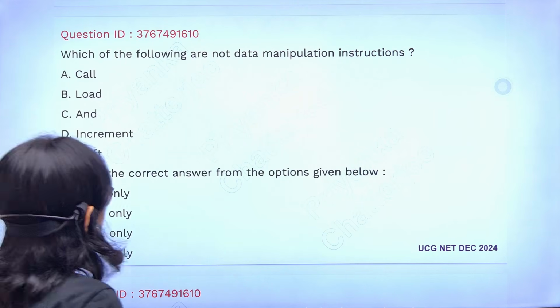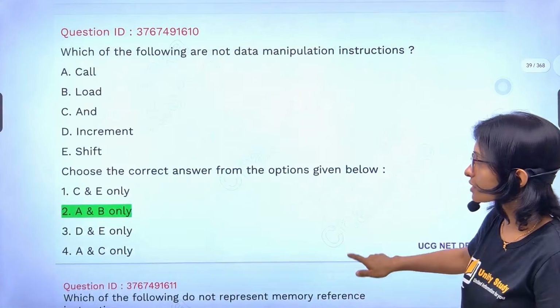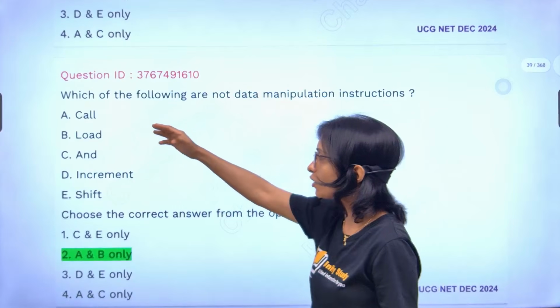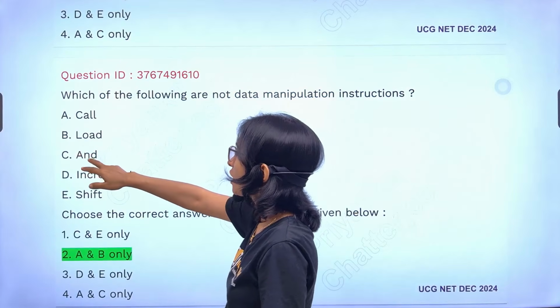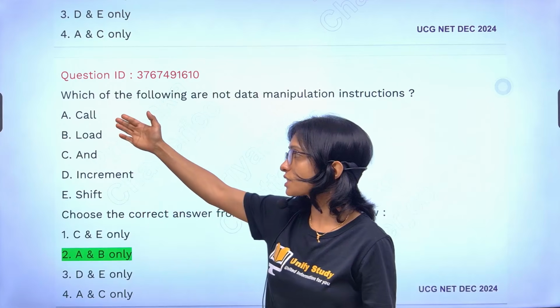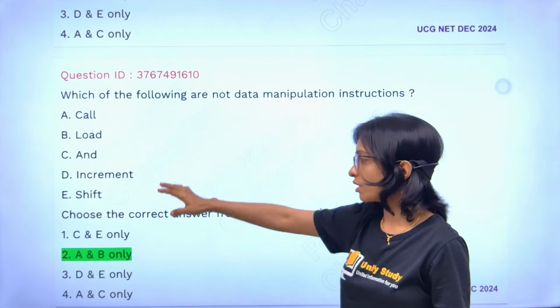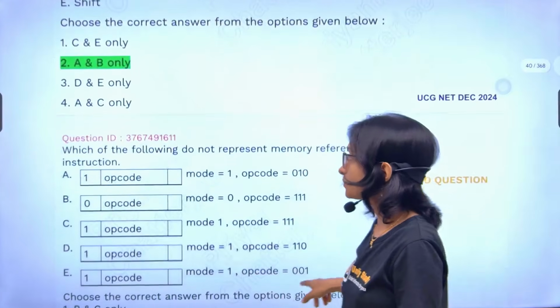Which of the following is not a data manipulation instruction? That is definitely A and B is the correct answer, because call and load are not manipulating data, and increment and shift are manipulating data, right? These are specially required for loading data and this is for any instruction call. So A and B is your answer.